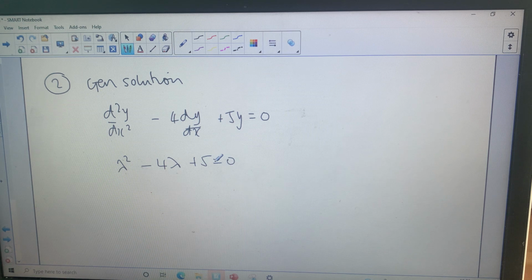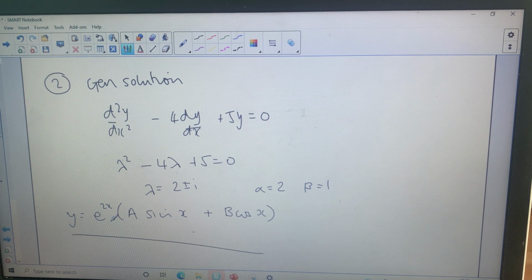Now you'll find that that doesn't have real roots, it has two complex roots, and the roots are going to be 2 plus i and 2 minus i. Okay, alpha is 2 and beta is 1. So you go to your general solution for complex roots, it's e to the 2x, A sine 1x plus B cos 1x. That's it.